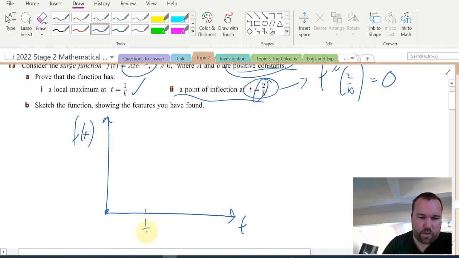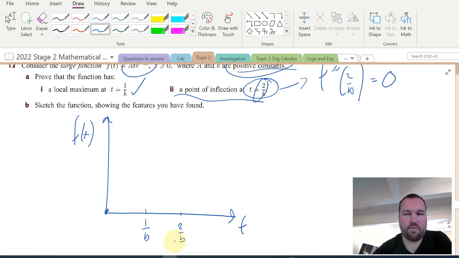So 1 on b and then 2 on b is exactly twice as high as that. Now, we don't know exactly what that means in terms of numbers, but it will vary depending on what b is, clearly. But we know that 1 on b will happen first, and then 2 on b happens twice the distance down.